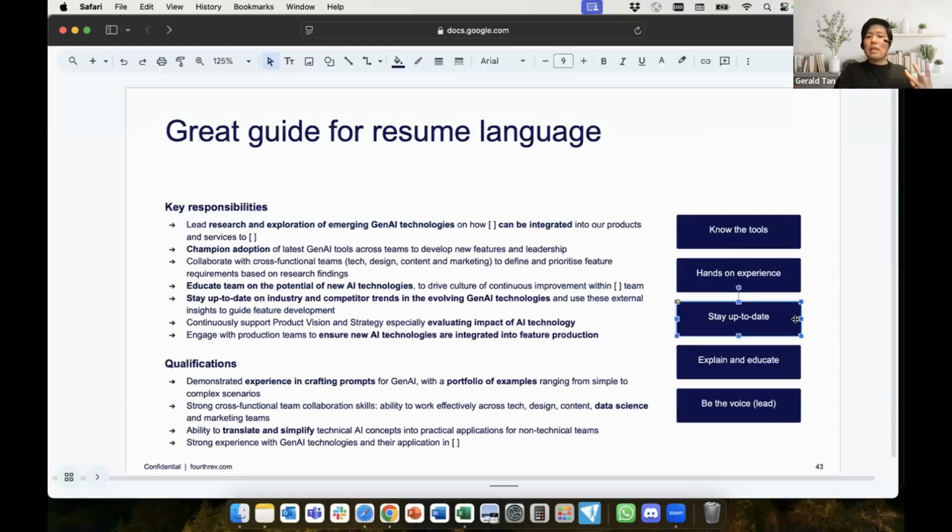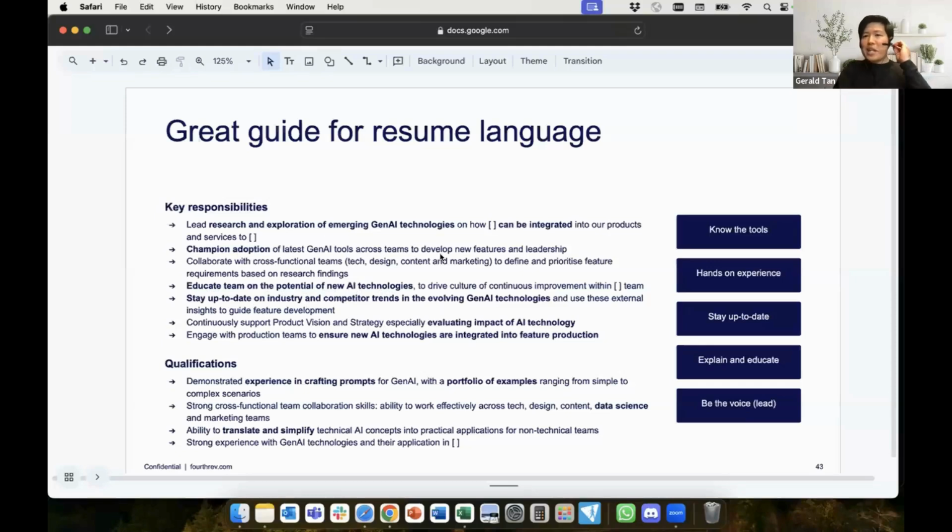But it's also about staying up to date. It's about explaining and educating to your team. And of course, you have to be the leading voice, right? Because if you look at the language used, research and exploration of emerging Gen AI technologies, how it can be integrated into your product. Champion adoption in the company, educate teams on new AI technologies, stay up to date on industry and competitor trends.